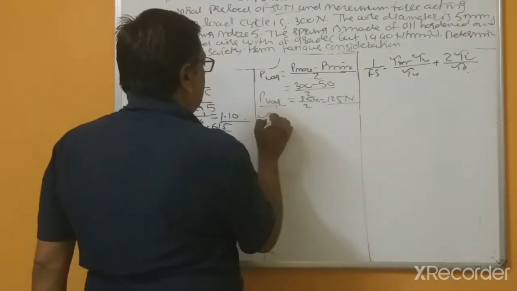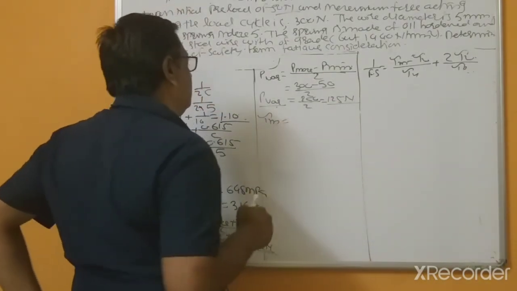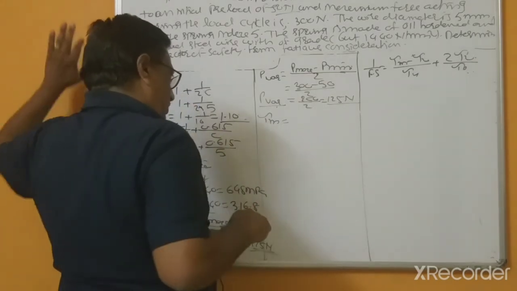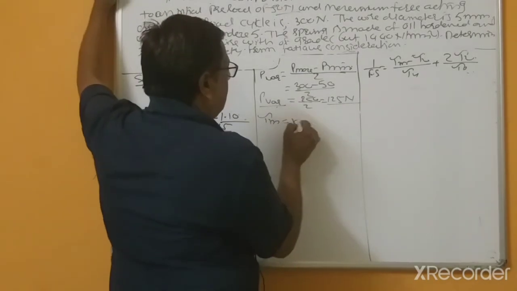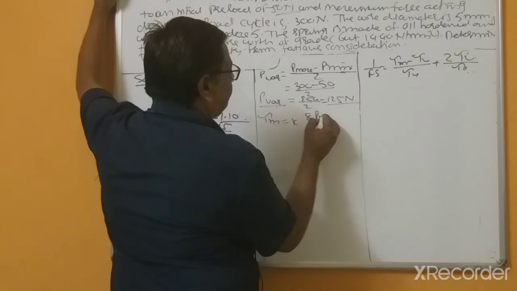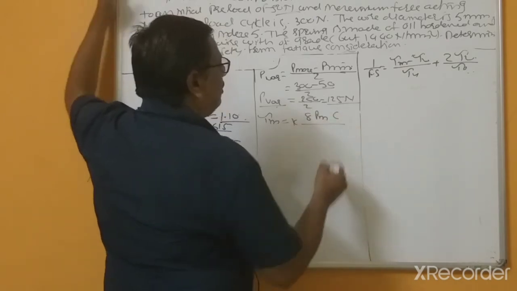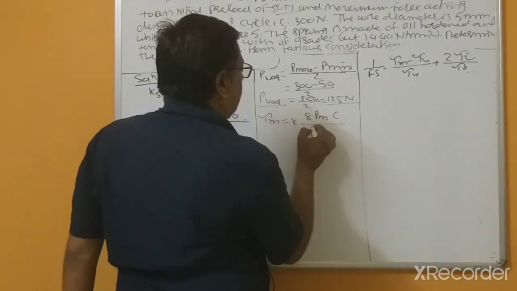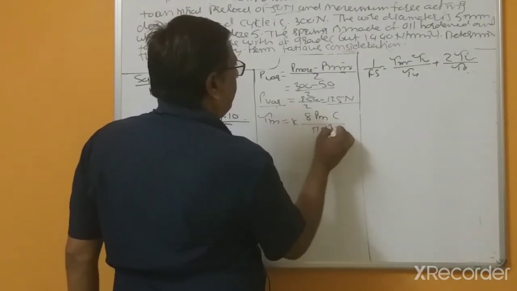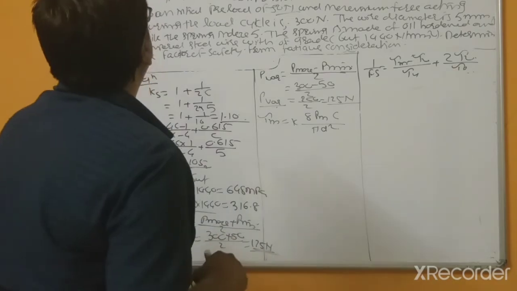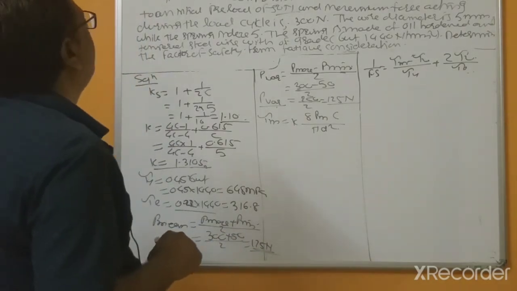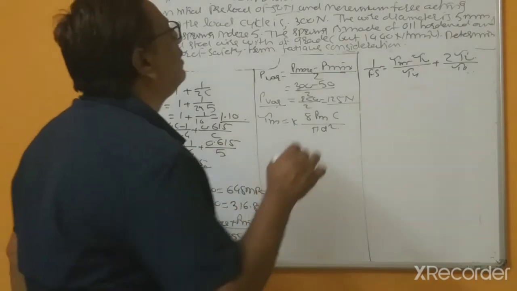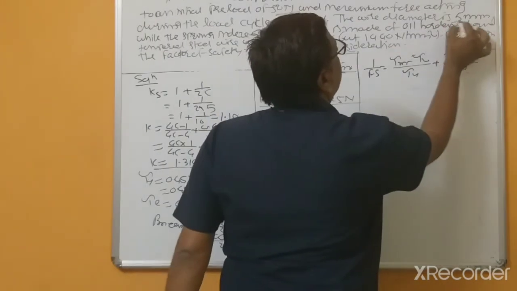So tau m equal to K into 8 P m d divided by pi d squared. For this problem the wire diameter is given, equal to 5 mm.